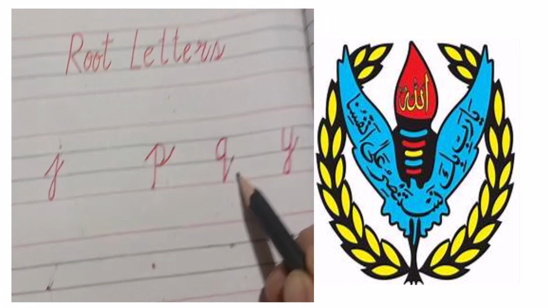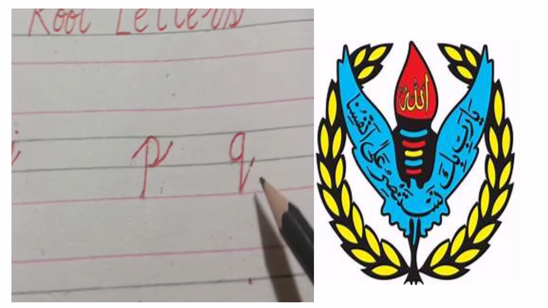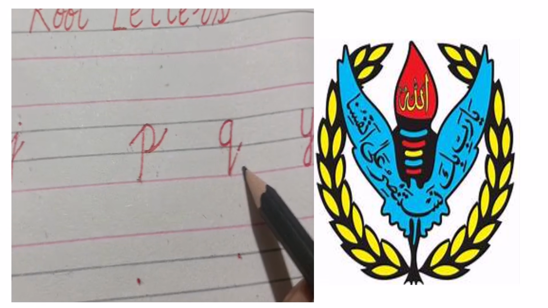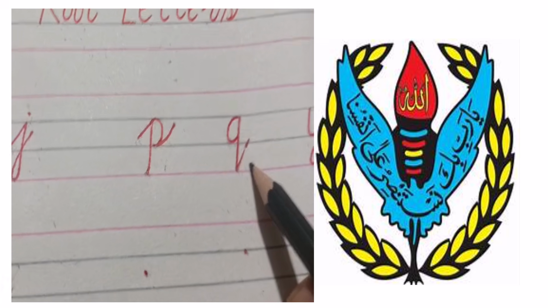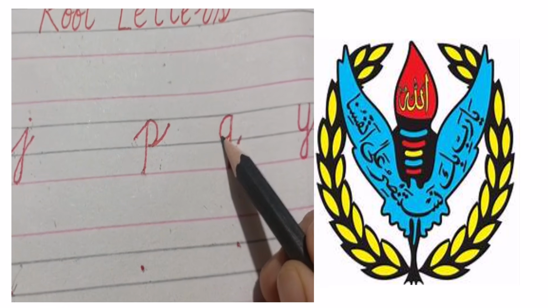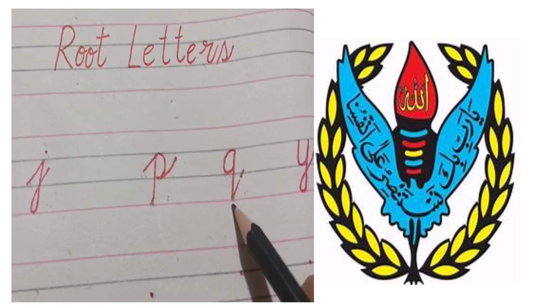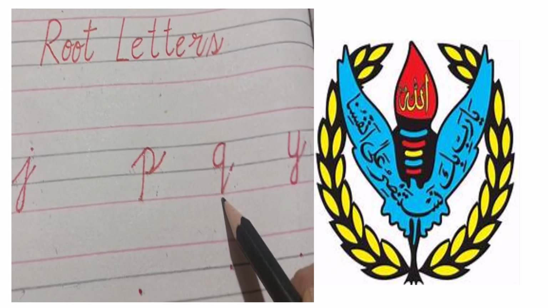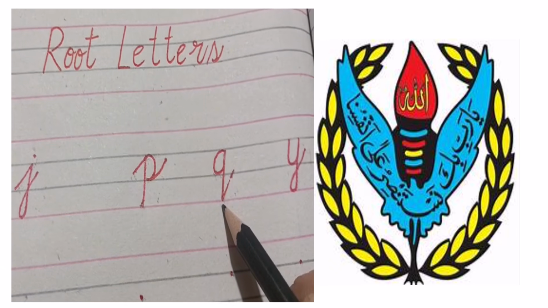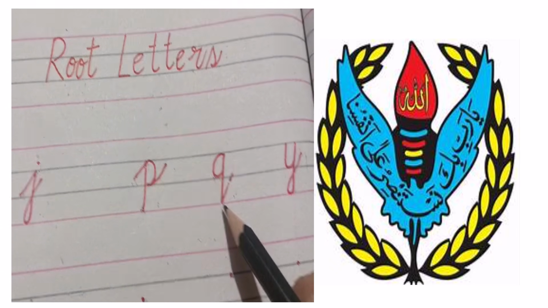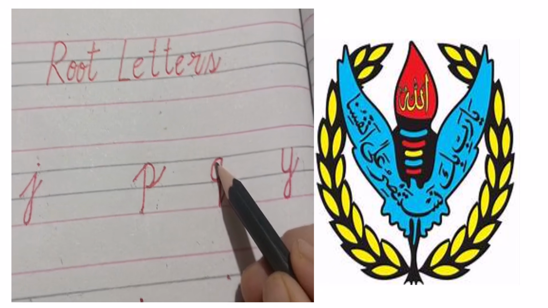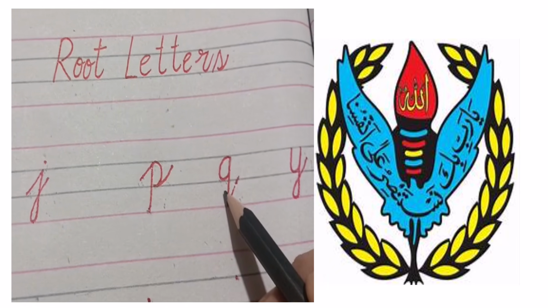Now, the next letter is Q. This is Q. Starts from the grass line. This is the grass line. And this is the root line. Make a small round shape like A, like this, in the grass line.